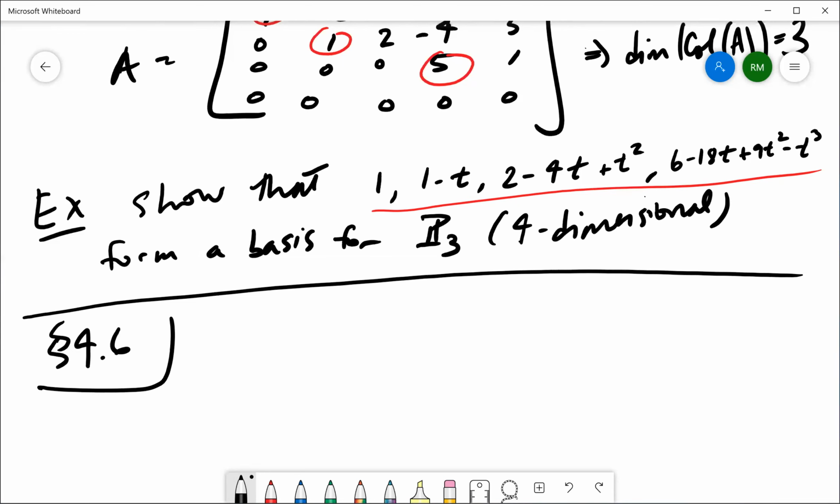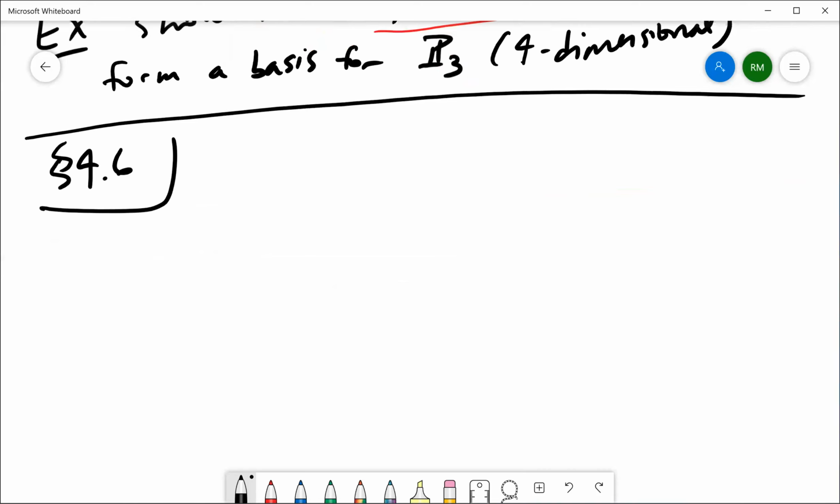Moving on to 4.6, we're going to revisit some theorems with the column space and the null space that we saw before, and we're going to introduce another concept.